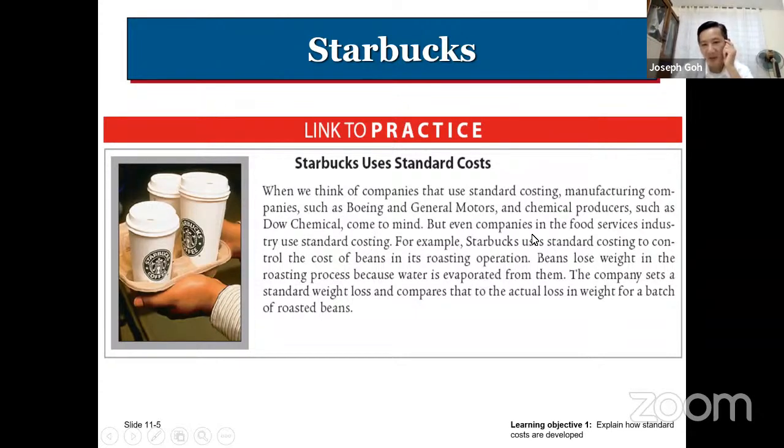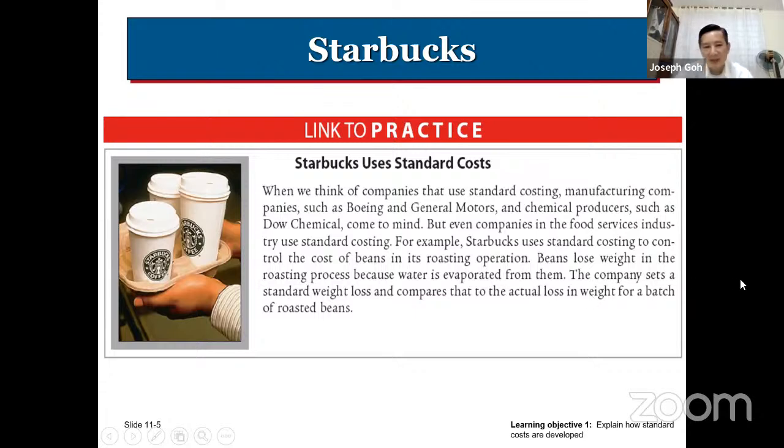But even a company in the food services industry uses standard costing. In this example, Starbucks also uses standard costing to control the cost of the beans in its roasting operations. All the coffee beans need to be roasted. Beans lose weight in the roasting process because water is evaporated from them, of course. So this will reduce the weight of the beans roasted.